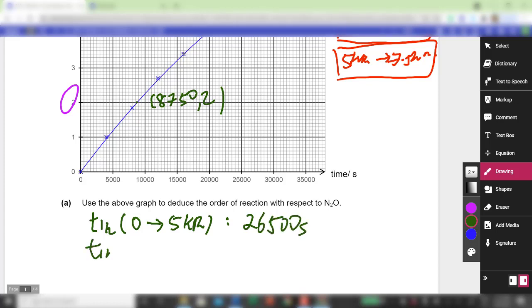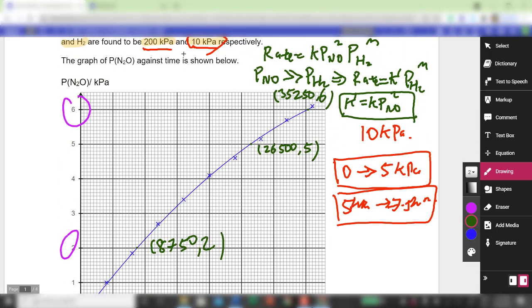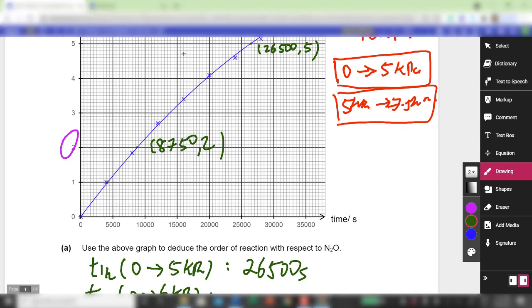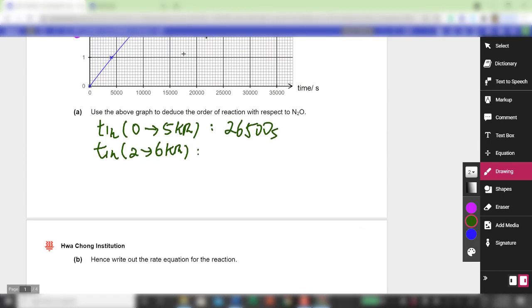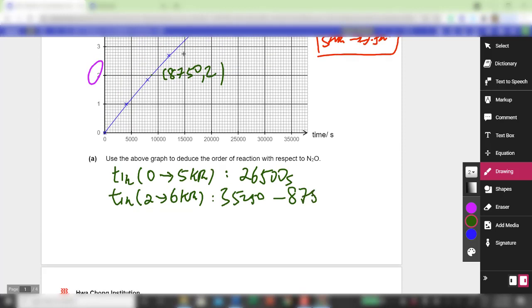Then T half from 2 to 6 kPa is 35,250 minus 8,750. I'll use the calculator for a quick calculation, and I'm getting about 26,500 as well.